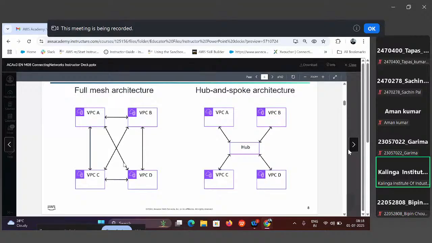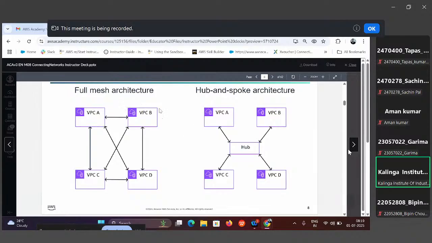And the second thing is there will be fewer chances of connection failures or data loss, because if the connection from one VPC to another VPC fails, it doesn't mean that you cannot communicate to the other VPC, because you have the direct connection as well.